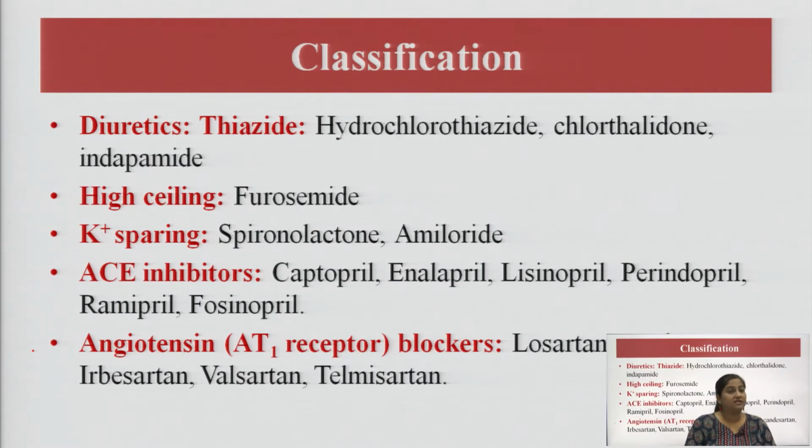The first class in these antihypertensive drugs are diuretics. In diuretics, there are several agents which are used as antihypertensive, that is thiazide, high ceiling diuretics, potassium sparing diuretics, ACE inhibitors and angiotensin blockers, also called AT1 receptor blockers.